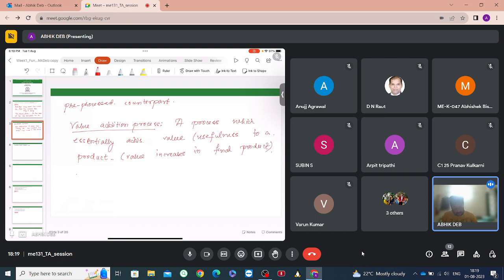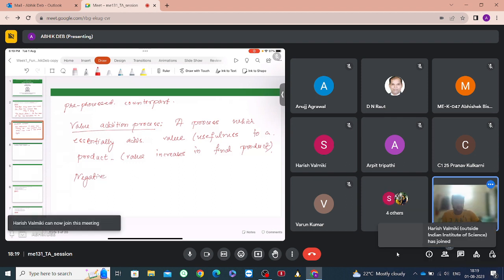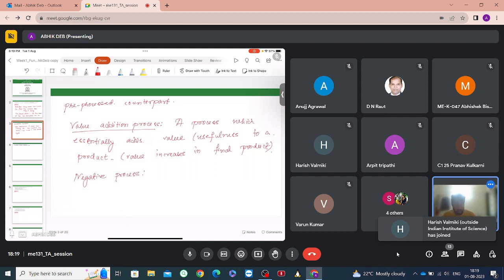And essentially, let me just write it for the negative process. So negative process will be a mass removal or subtraction process.